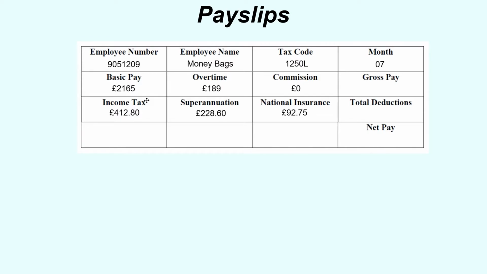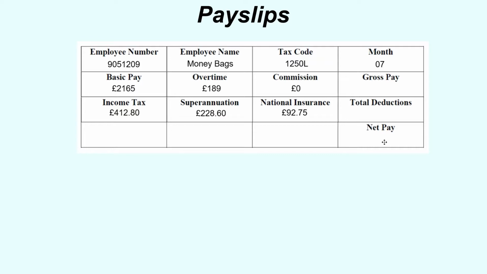In the next row, we've got income tax, superannuation, and national insurance. These are all of your deductions. These are the things you have to pay away from your gross pay. Once we add them together, we'll have a total deductions. And when we subtract them, we'll find out the net pay, which is how much pay you would actually take home at the end of the day.